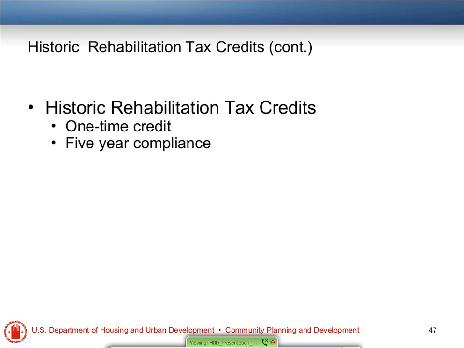One important piece to note is whoever owns the building at the time when it's placed in service is really who gets to take the credit. Oftentimes, a nonprofit or maybe an individual may own the building. They don't have the ability to take the credit, and that's when you need to syndicate the ownership. And that ownership then cannot change for 5 years.